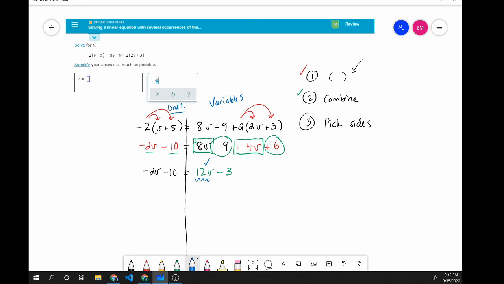But I see I have more variables on the side of the plain numbers. So I have to move this one. Again, it's a minus 2v, so I'm going to add to cancel it out. Negative 10 is equal to, and this becomes now 14v and minus 3.